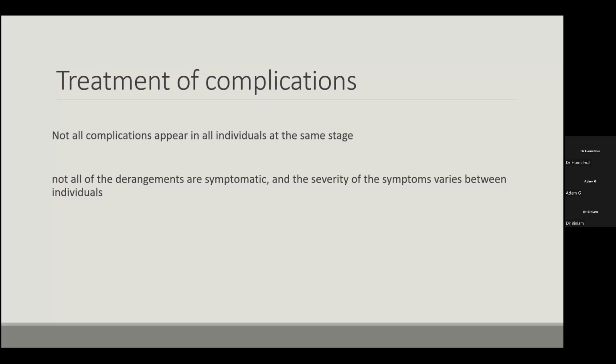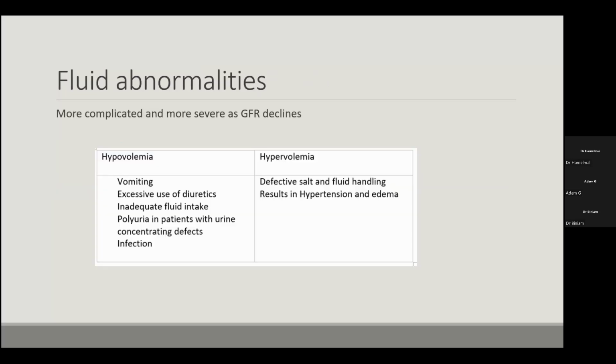Not all derangements are symptomatic. For example, anemia is well tolerated in CKD. Hyperkalemia is well tolerated in CKD. May not result in any symptoms and may not need treatment in most patients. So fluid abnormalities, just to say a few words, are more complicated and more severe as GFR declines.